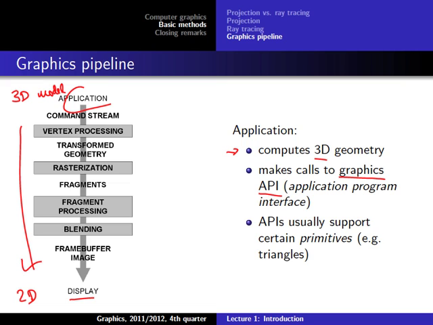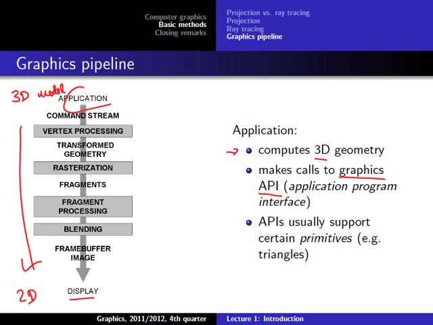So a graphics application program interface is basically a library or a set of functions that are optimized for a certain task or domain, and a graphics API obviously is an API that is optimized for graphics. If you go to books or the practicals, you will see this term very often, graphics API.